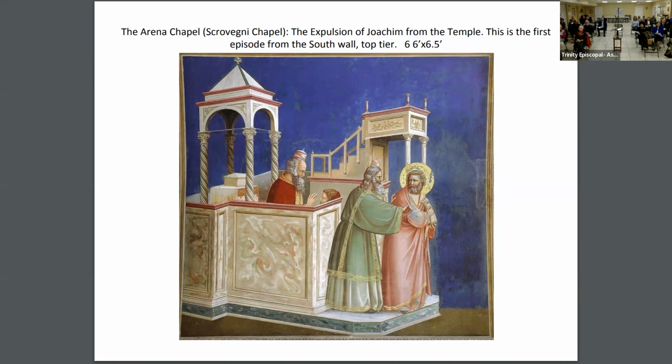He and Anna had lived separately, very devoutly for a long time. And then finally, he went to the temple for one of the typical Jewish worship celebrations, and he was scolded by the priest and ousted. So this is what you're seeing here. Sorry that's up there, but this is his expulsion from the temple.